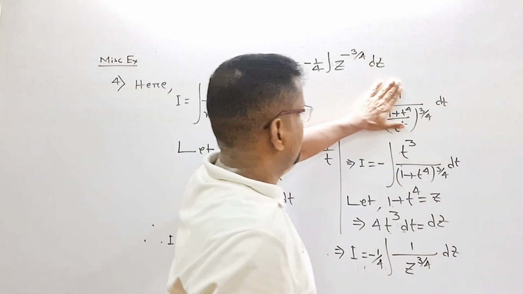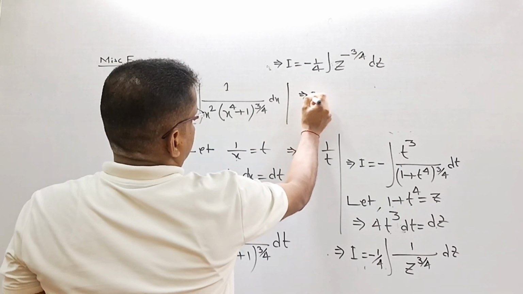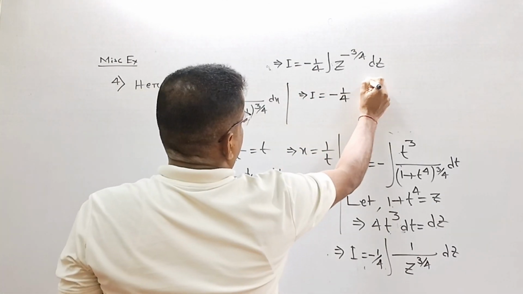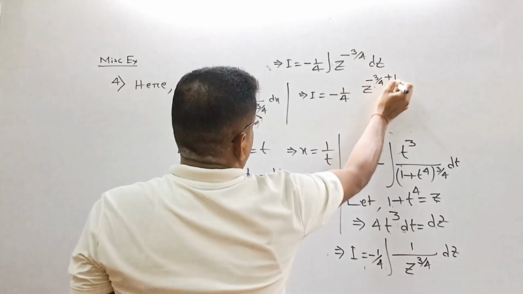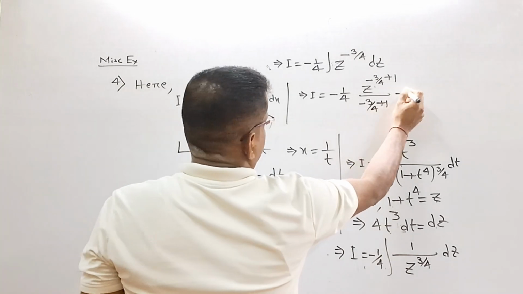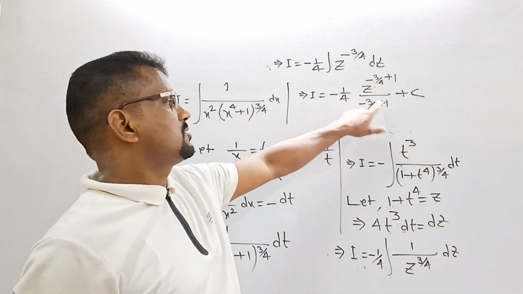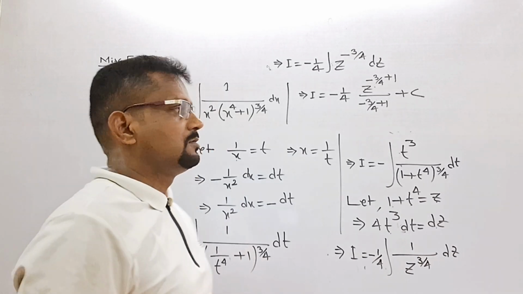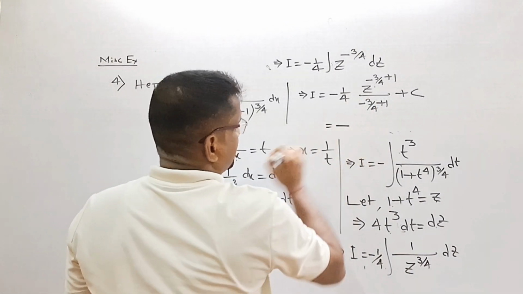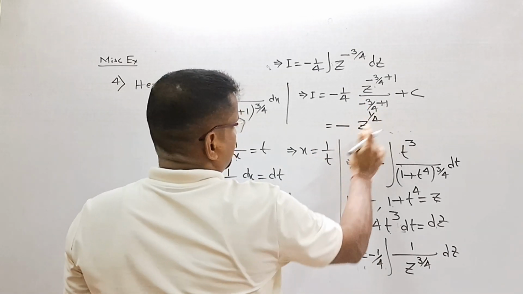Then I is equal to negative 1 by 4, z to the power minus 3 by 4 plus 1, divided by minus 3 by 4 plus 1, plus the constant of integration c. So minus 3 by 4 plus 1 means 1 by 4, so the 1 by 4 will cancel out. Just the minus here, and z to the power 1 by 4.